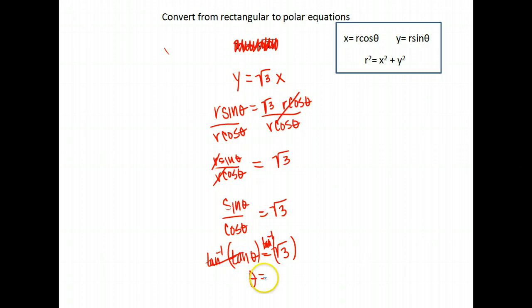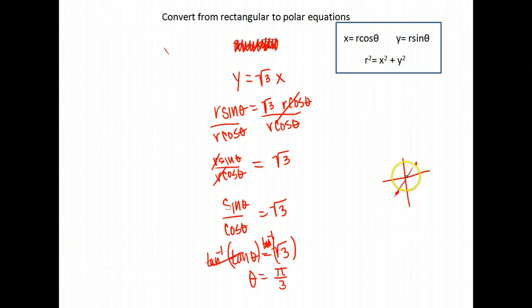Here I get theta, and if I take the inverse tangent of the square root of 3, where is tangent equal to root 3? Well, that happens at pi over 3. Okay, happens here. It also happens the same place in the third quadrant.